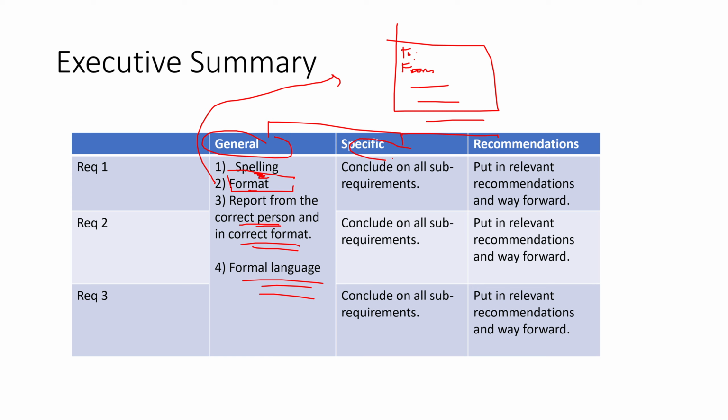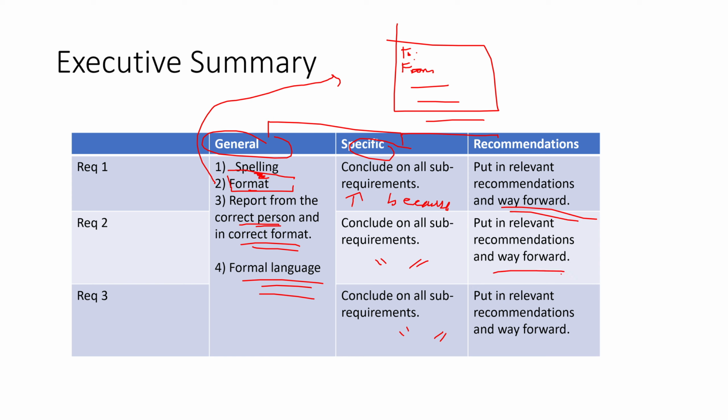Specific is where you conclude on all sub-requirements to do with each requirement. Okay, so cost of sales has moved up because of this. So you explain the actual movement and then you say because. And what feeds into recommendations as well, and conclusion and recommendations, is you have to put in what the way forward is going to be.